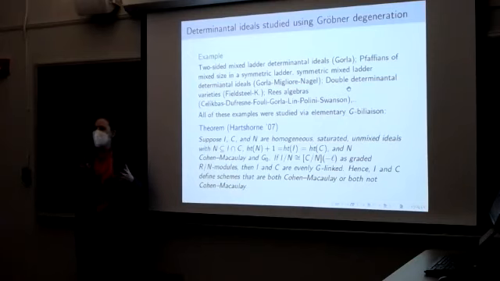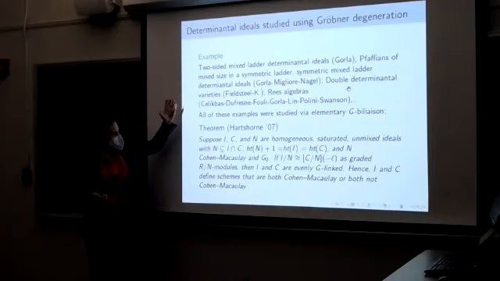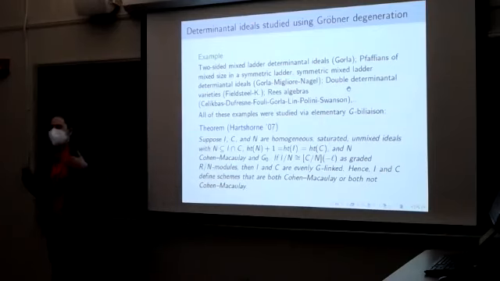So they're determinantal things that come from quiver land, or Rees algebras. And Hartshorne tells us that these isomorphisms are enough to transfer the Cohen-Macaulay property.